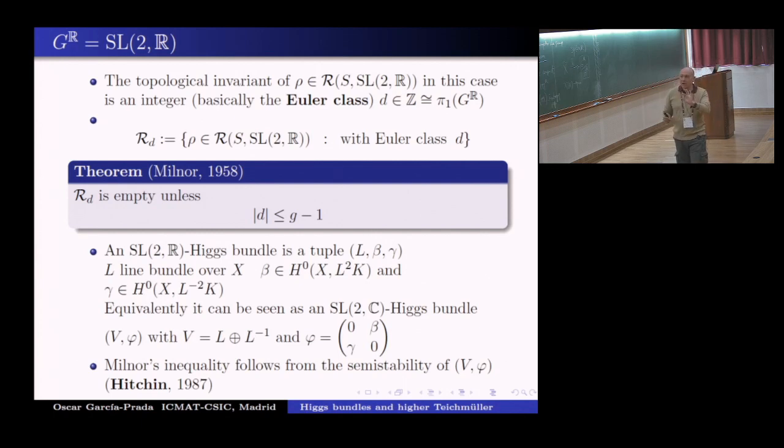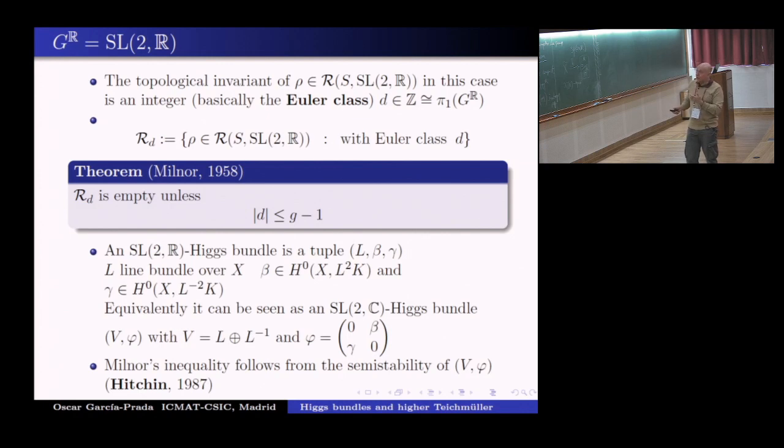I told you before what an SU(p,q) Higgs bundle was: two vector bundles, V and W, where the determinant of one is the inverse of the other. But because we are in SU(1,1), we have L and L^{-1}, so you can get rid of L^{-1} and say that an SL2R Higgs bundle is a triple: a line bundle L and a Higgs field given by two pieces, beta a section of L^2 tensor K, and gamma a section of L^{-2} tensor K.